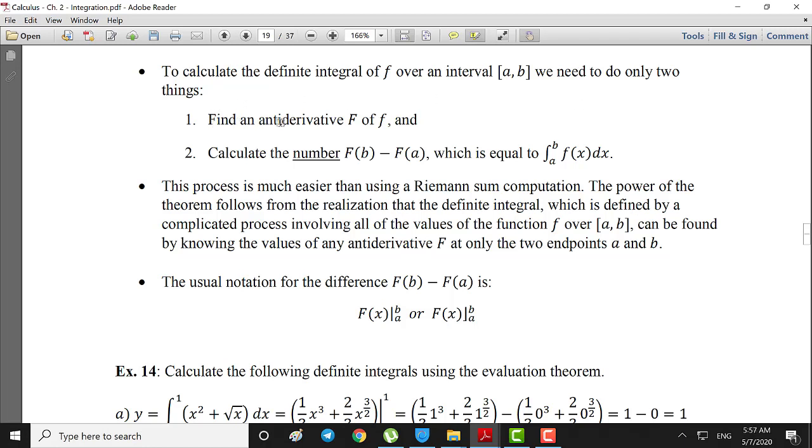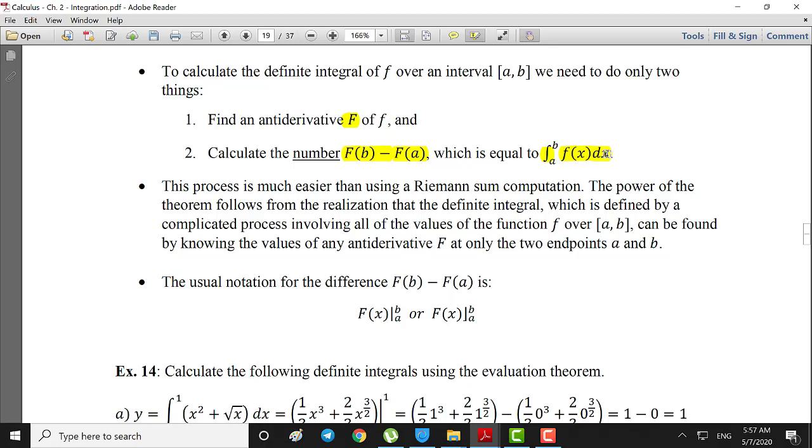Find an antiderivative for f, which we call capital F, and calculate the number F at b minus F at a, which is the antiderivative evaluated at the upper limit minus the antiderivative evaluated at the lower limit, and the result will be equal to the integration from a to b of f of x dx.